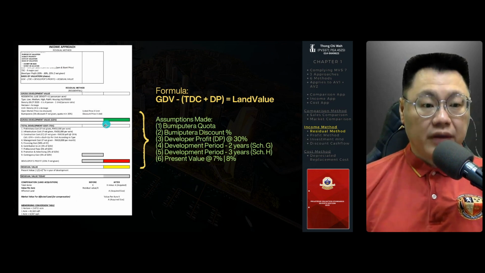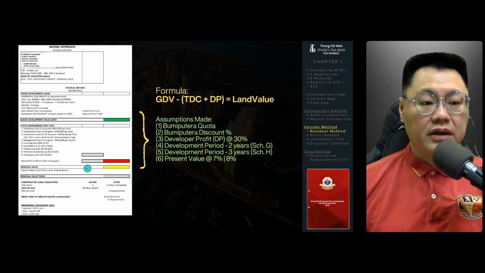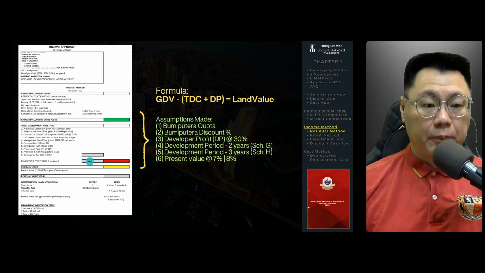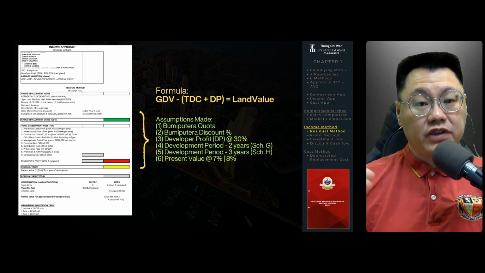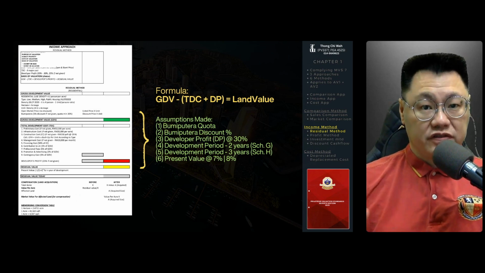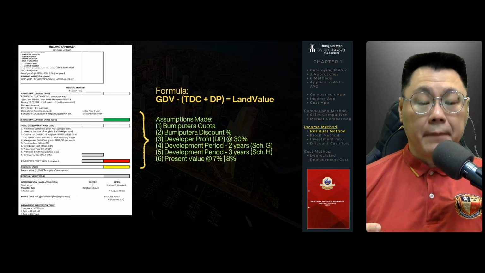And then you minus your development cost, of course. And then you minus the developer profit, and then what you get is a residual value. But the residual value, according to MVS 7, you need to discount using a present value formula. Then you get what we call the market value.